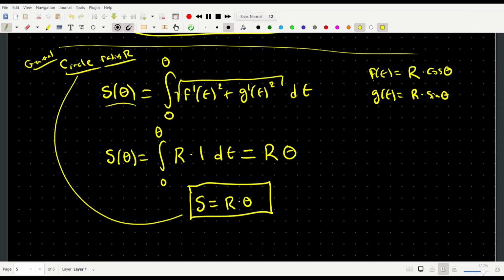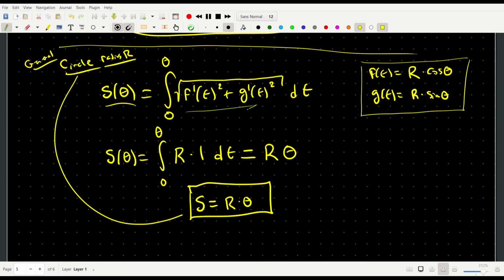And this is if f of t for a general circle is r times cosine t, and g of t is r times sine t, and we go through and do the same calculation that we did before, so I'm not going to redo it.